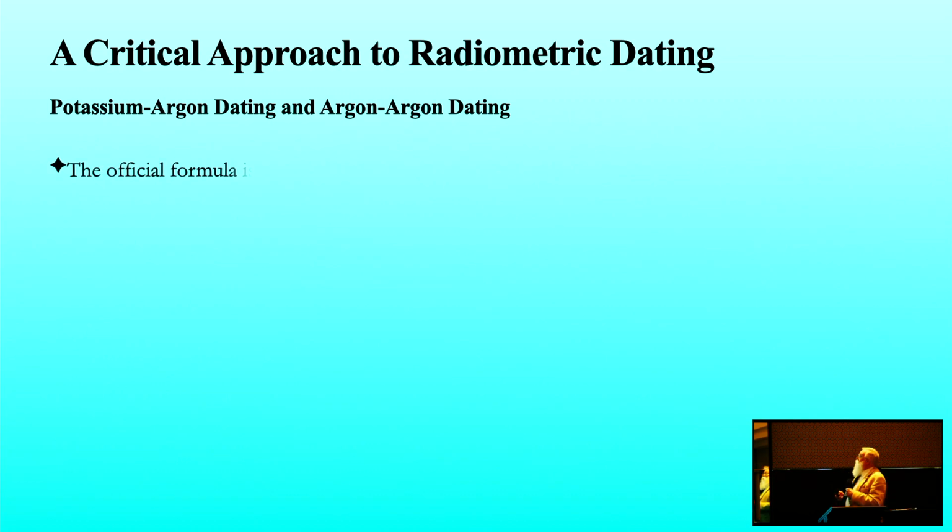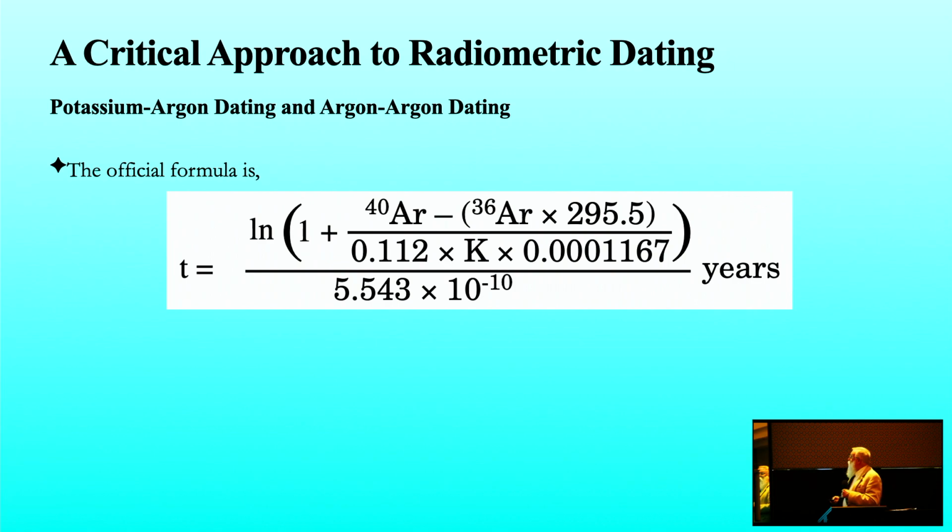Okay, well, so here's the official formula. This part here comes from that argon that comes back from the air. This part here comes from the ratio of potassium to potassium-40. So all we have to do is measure the potassium instead of potassium-40. This part here comes from the fact that potassium isn't completely potassium.